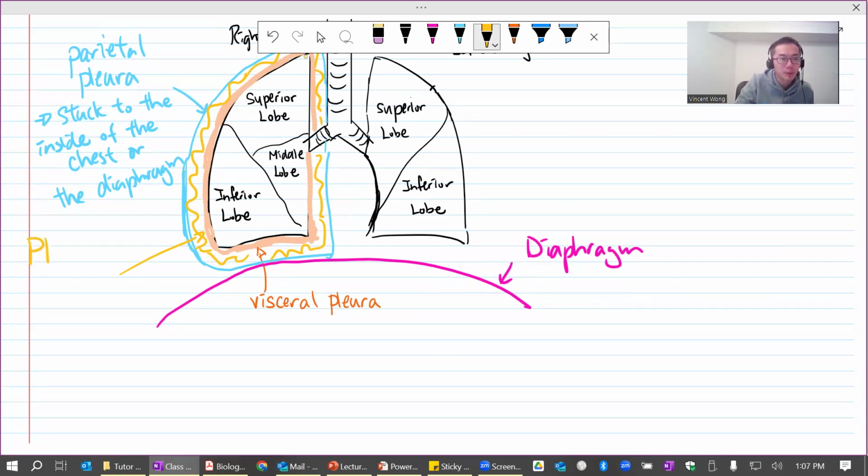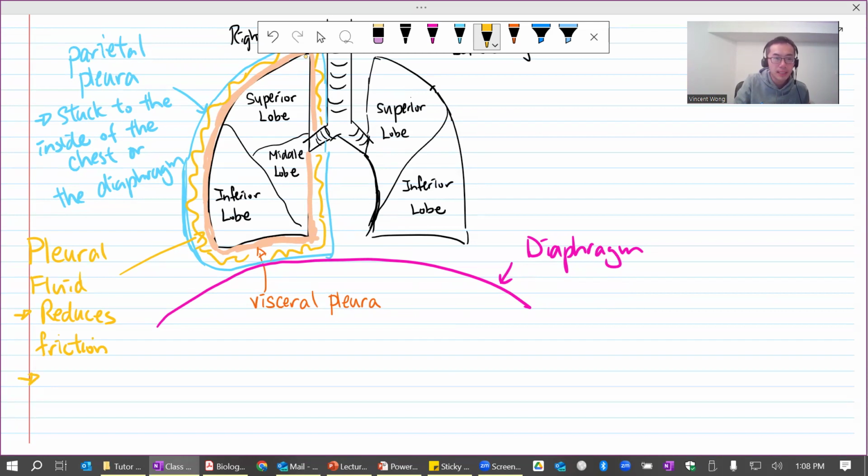This is called the pleural fluid. And it's very important because number one, it reduces friction. As your lungs expand and contract, the visceral and the parietal pleura are gonna rub against each other, and you want to reduce the friction so it doesn't hurt.